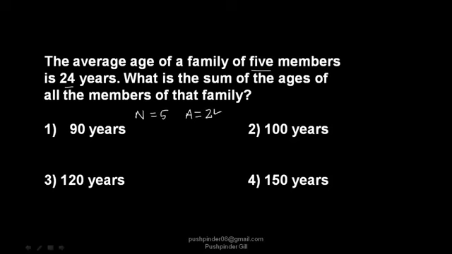That means the sum is going to be 24 times 5, because average is equal to sum of items divided by number of items. So sum is equal to average into number, or average is equal to sum by number, or number is equal to sum by average. This way you get your answer.